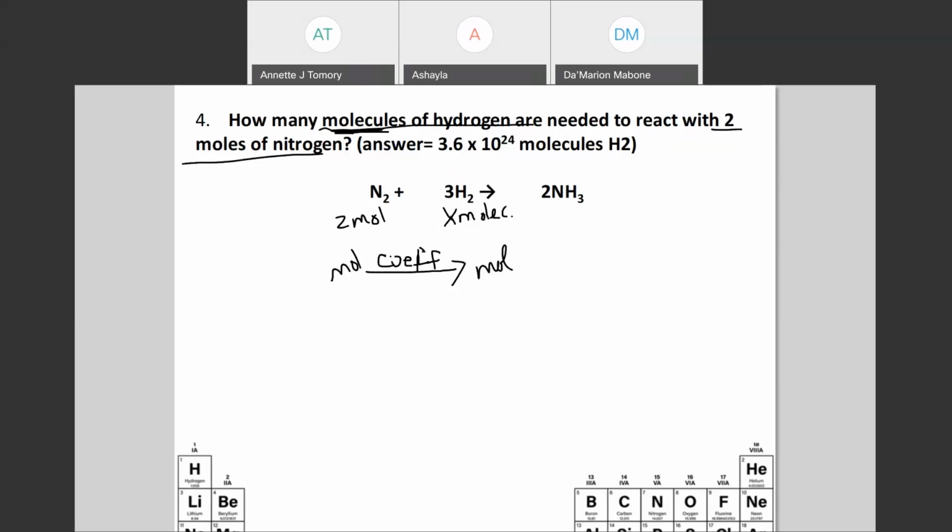The nitrogen here, is that in moles already? Is our starting number in moles? Yeah, so I don't have to do anything else with that. How about our final number? Is that in moles? No. No, that means we need another line here to go from moles to molecules. What number goes with molecules, atoms, ions, and formula units?